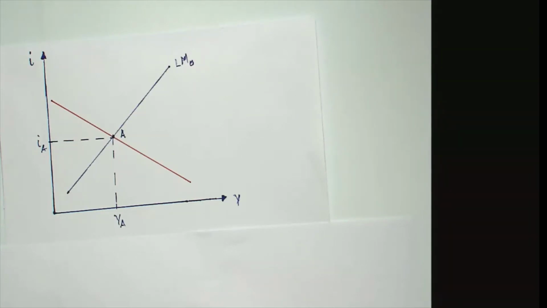Tax is basically included in the IS curve, so if there is an increase in tax, our disposable income would decrease. That would indicate that our consumption would also be decreasing. So our tax increase impacts our IS curve.